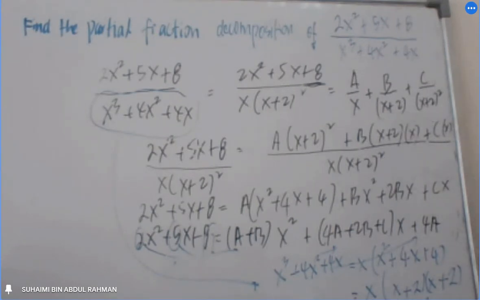Then x plus 2 squared must be multiplied by x to get this.